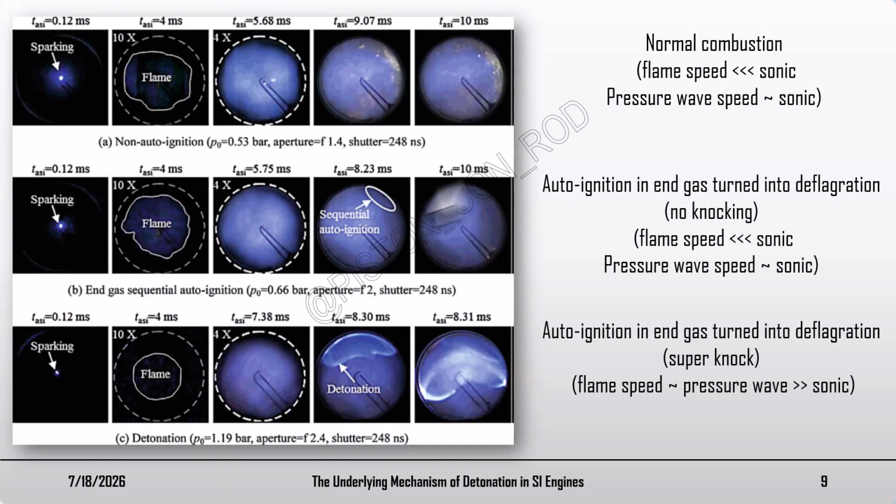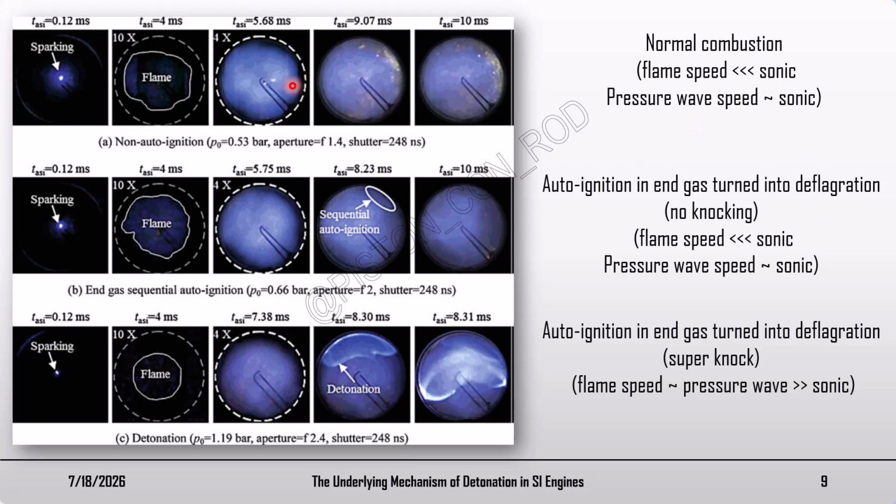Okay, in this slide, we have three different sets of images, in which the first one shows a normal combustion. The second one shows autoignition in the end gas, which resulted in a deflagration. And the third one, we have detonation.